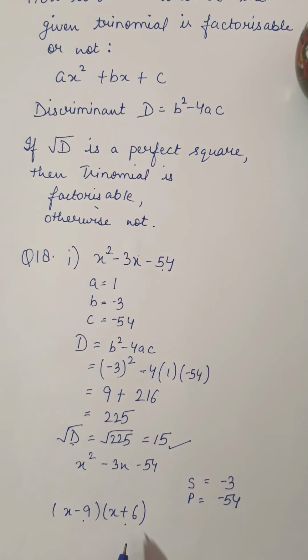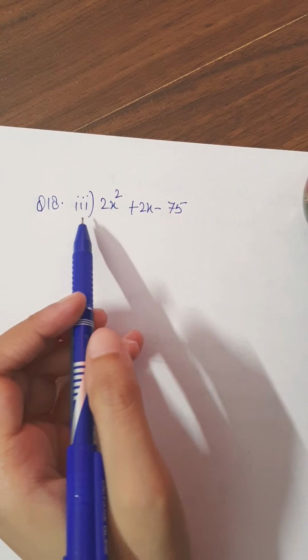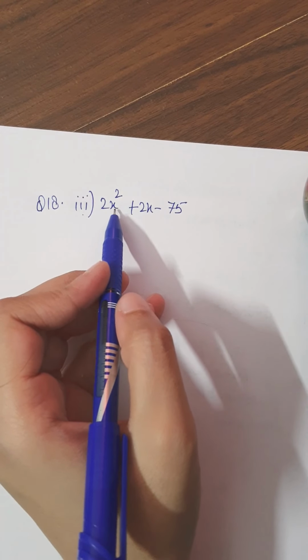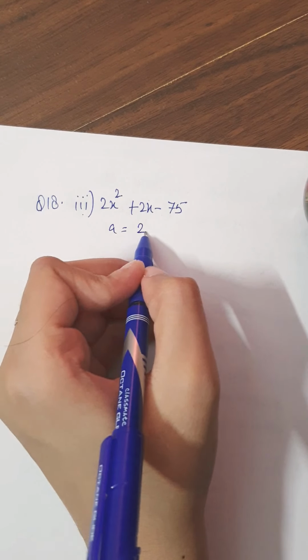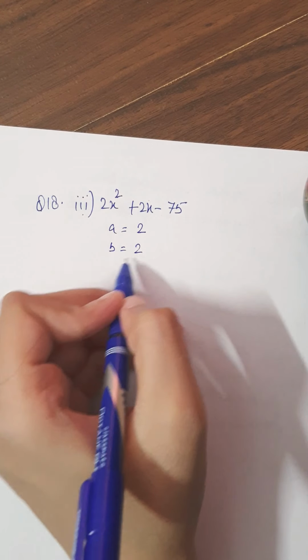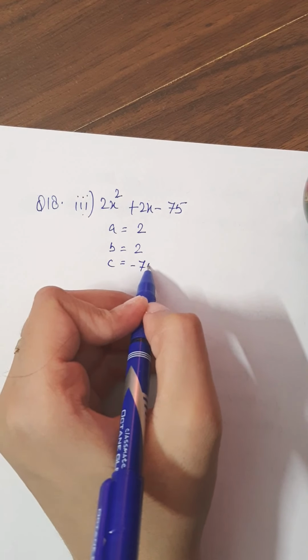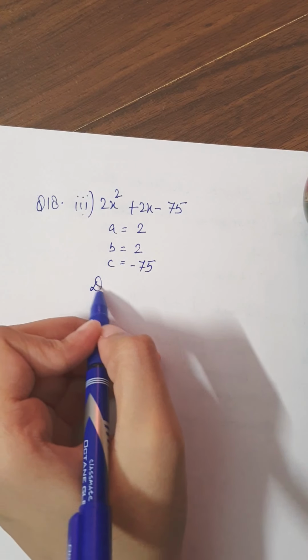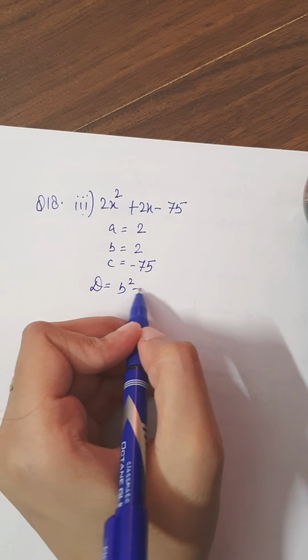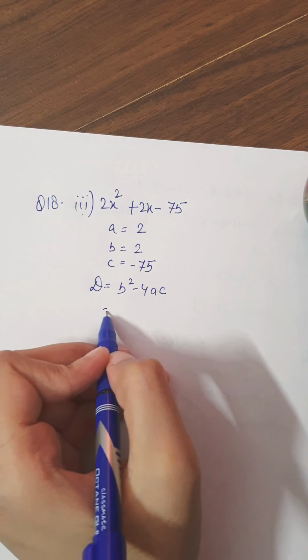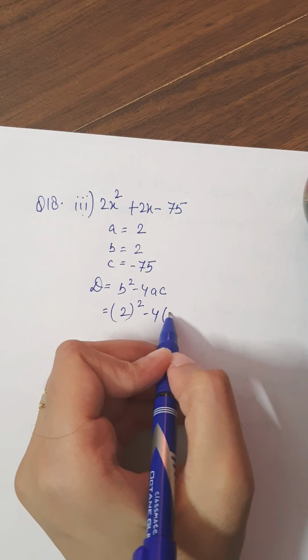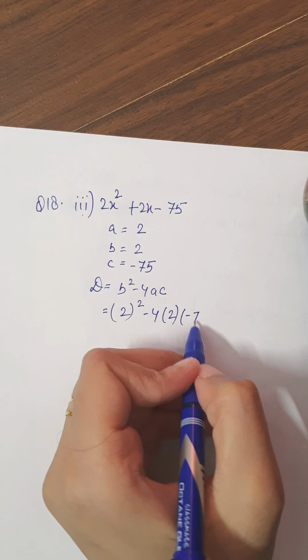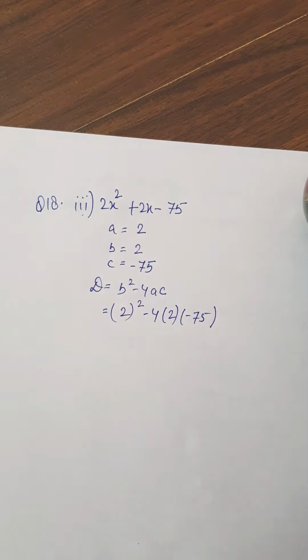Now let's see a question which is non-factorizable. Okay, so next, 18th, third part, standard form, yes. So let's write the coefficients: a is 2, b is 2, c is minus 75. Let's check D, b square minus 4ac. B is 2 square minus 4 into a into c. Solve it out.